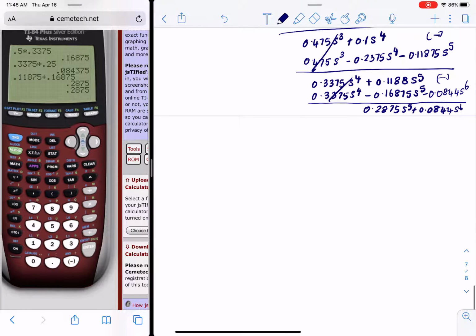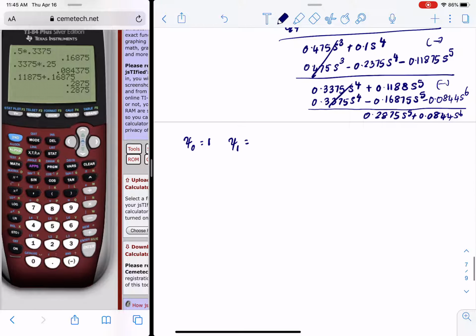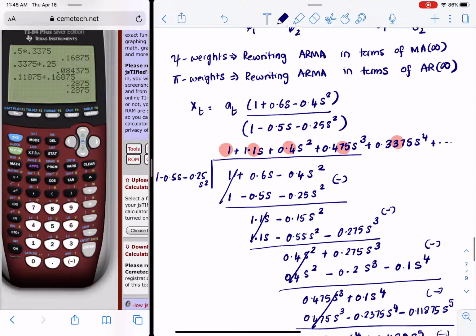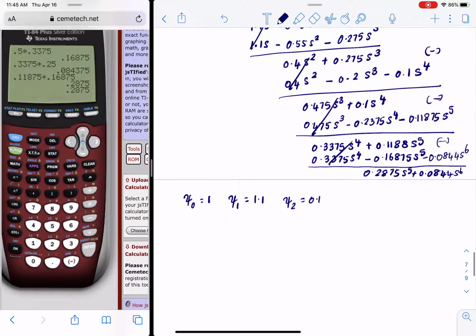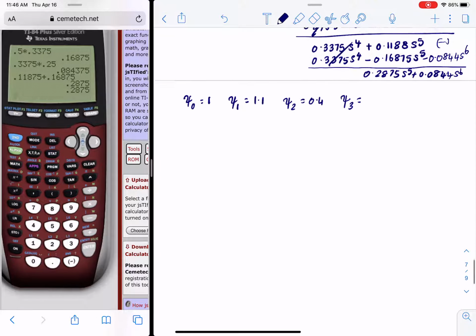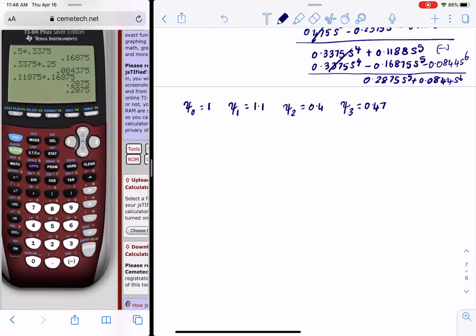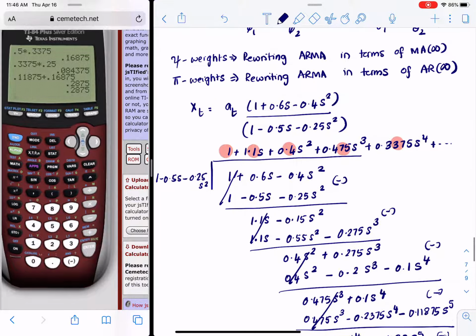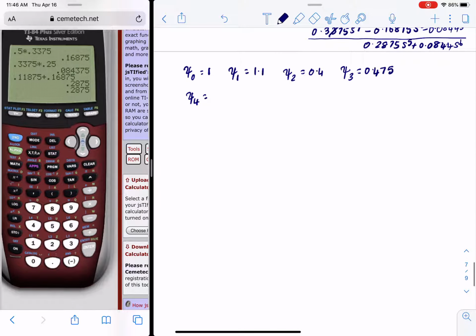So psi 0 is 1, psi 1 is 1.1, psi 2 is 0.4, psi 3 is 0.475, psi 4 is 0.3375.